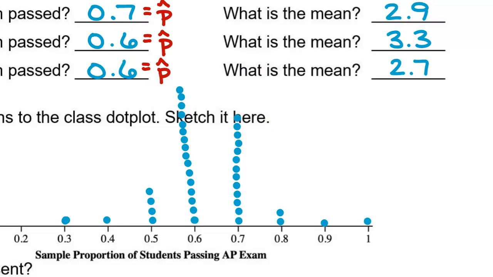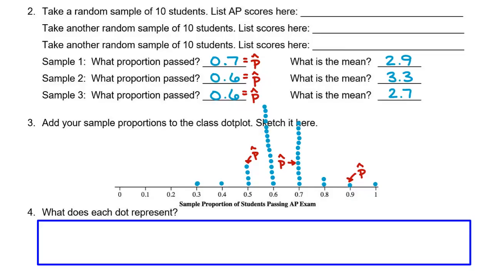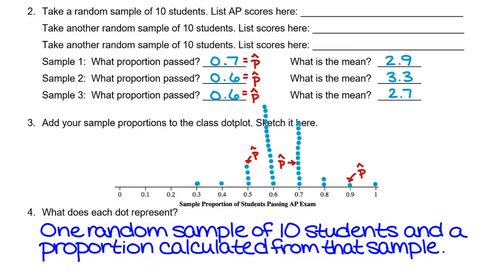So each one of these dots that we put on our dot plot is a different p hat. Each dot represents one random sample of 10 students and a proportion calculated from that sample.